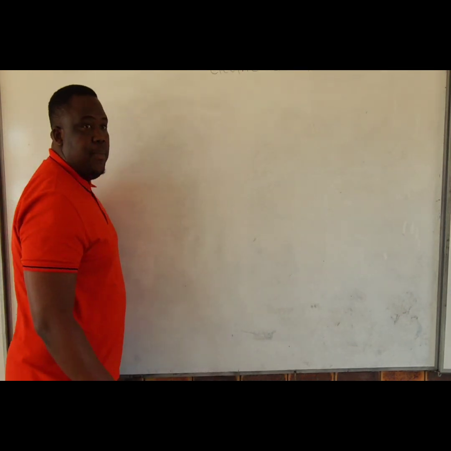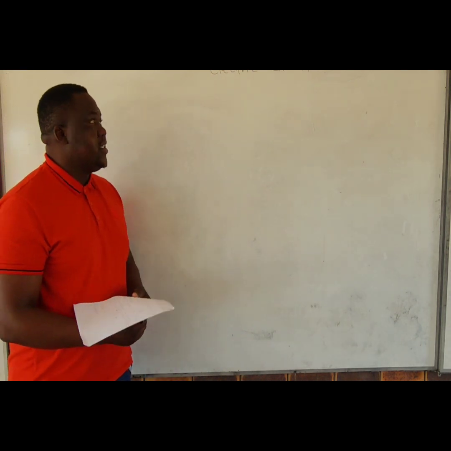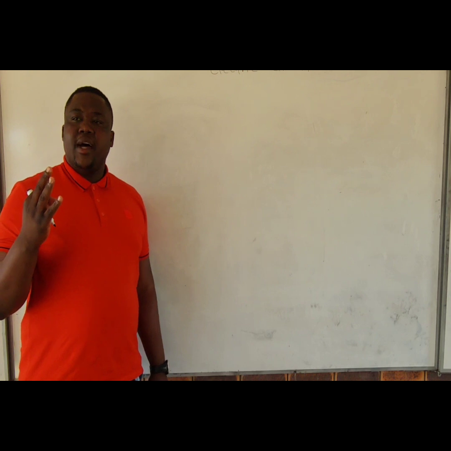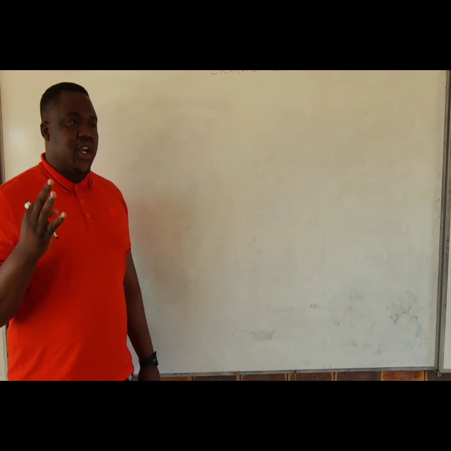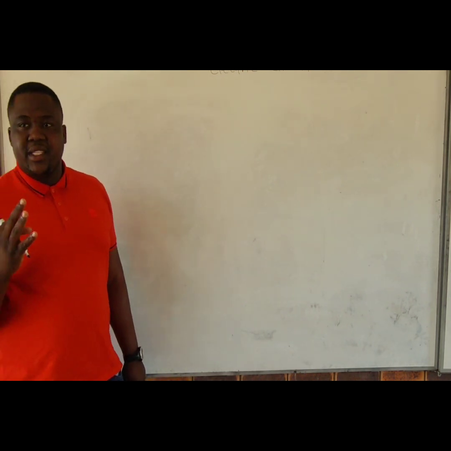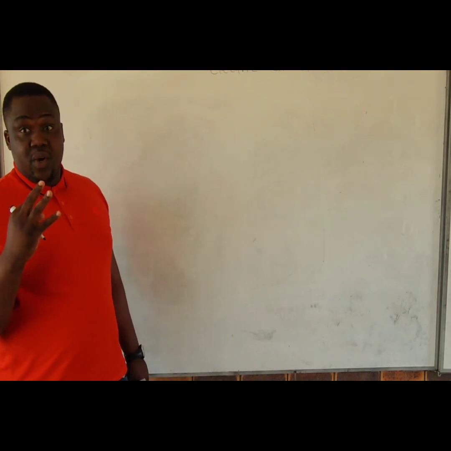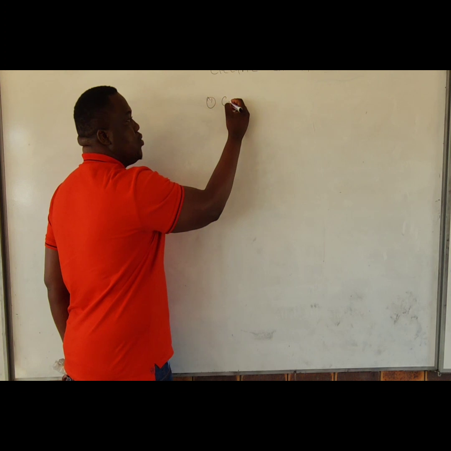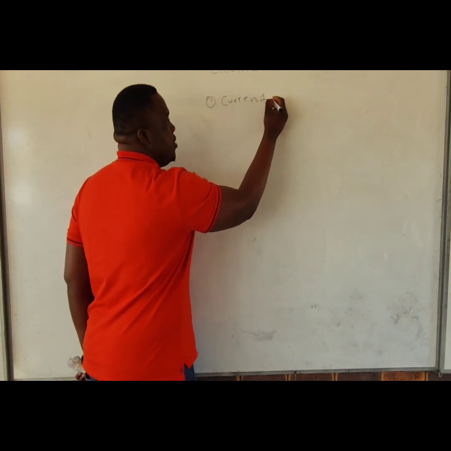Okay. So now, we've spoken about electric circuit, and I'm sure in your mind you're starting to see a picture of the electric circuit. There are three things that we are going to emphasize in this topic of electricity. The first one is what we call the current.